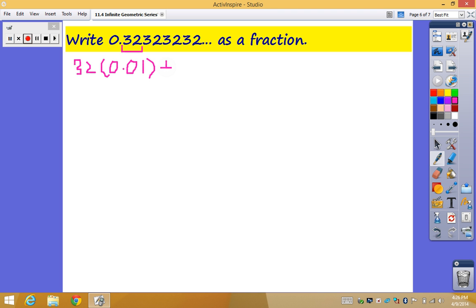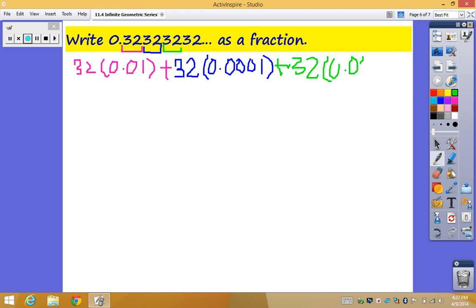The next two terms we want to look at are the third and fourth, and we can rewrite that as 32 times 0.0001. We can do the same thing if we take the fifth and sixth terms, which is 32 times 0.12345, and we could go on like that forever.